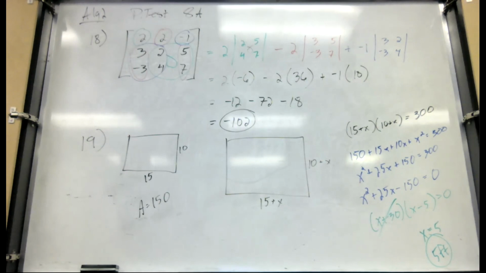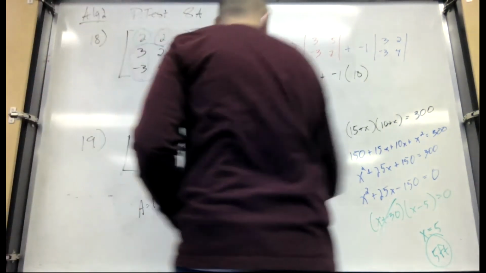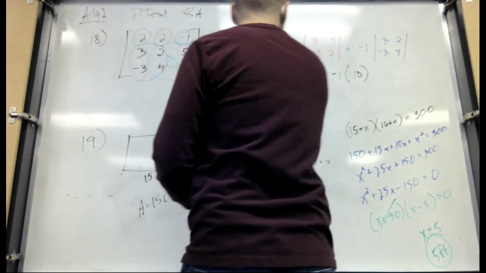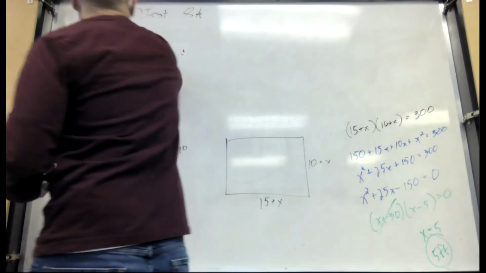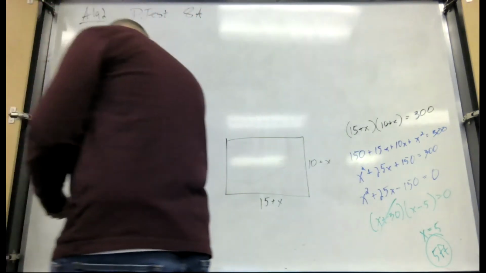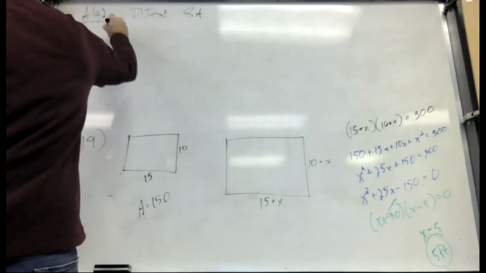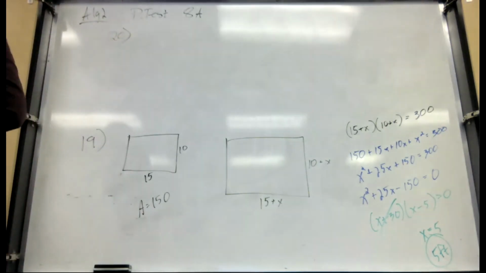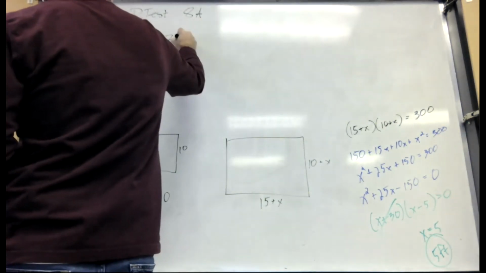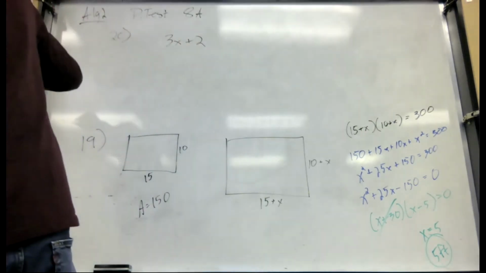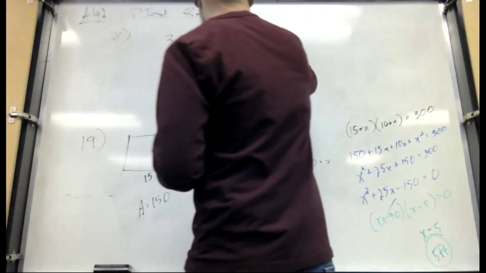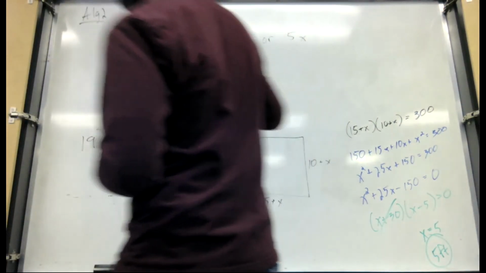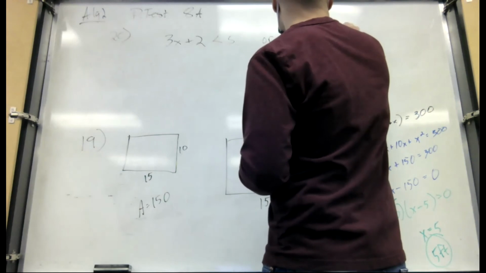Okay, number 20. Solve the inequality and graph the solution set. So I'm just going to write it right up here. So let's write it. 3x plus 2 is less than 5, or 5x minus 7 is greater than 8.